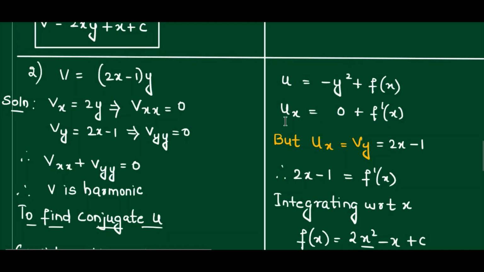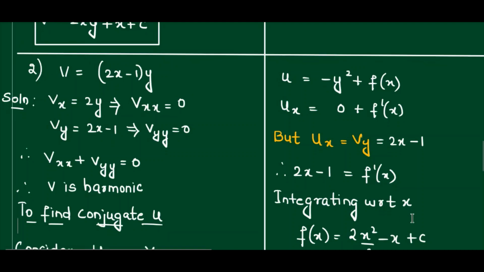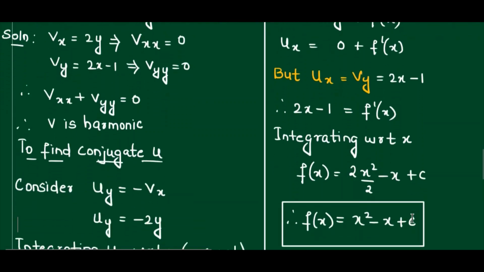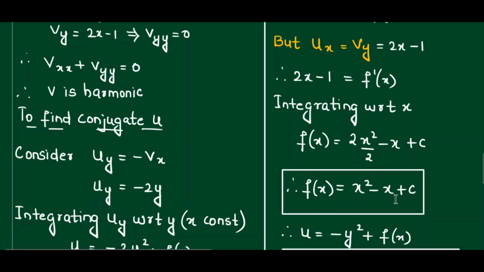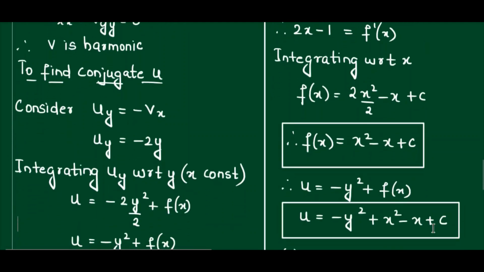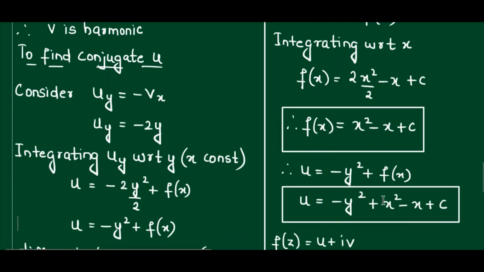But from our first equation, ux equal to vy, and we have found out vy, which is 2x minus 1. Substitute 2x minus 1 here. After substituting, we get f dash of x, but we need f of x. So integrating this with respect to x, you get f of x equal to x square minus x plus c. Therefore substituting f of x in the equation of u, you get the harmonic conjugate u.